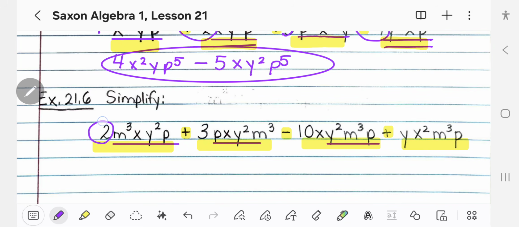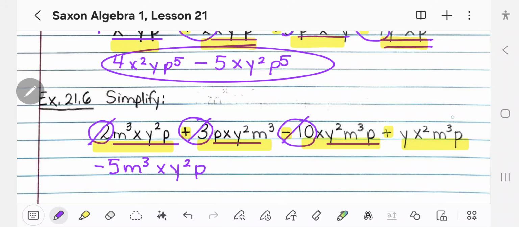I have a positive 2 of them, a positive 3 of them, and a negative 10 of them. So let's combine this 2 with this 3 would give me 5 positives. And then this negative 10, we would subtract and get 5, take the sign of the one with the largest absolute value, so it would still be negative. And then I copy my term down, m cubed x y squared p.